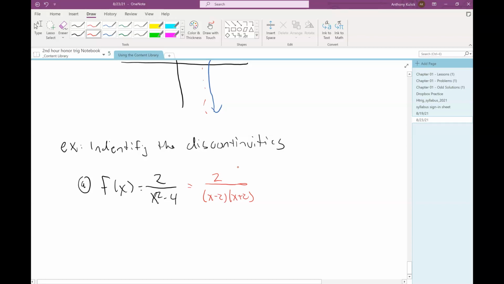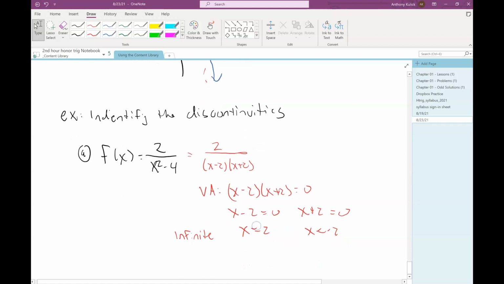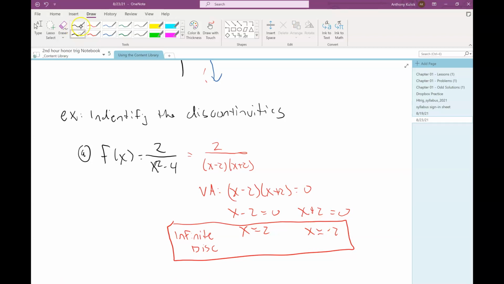Then I check to see if anything can reduce. Nothing can. So I can find my vertical asymptotes by setting the denominator equal to 0. Then using the zero product property, I can set each of those factors equal to 0 and solve them separately. The vertical asymptotes are the same as the infinite discontinuities. So that's all we can have there.